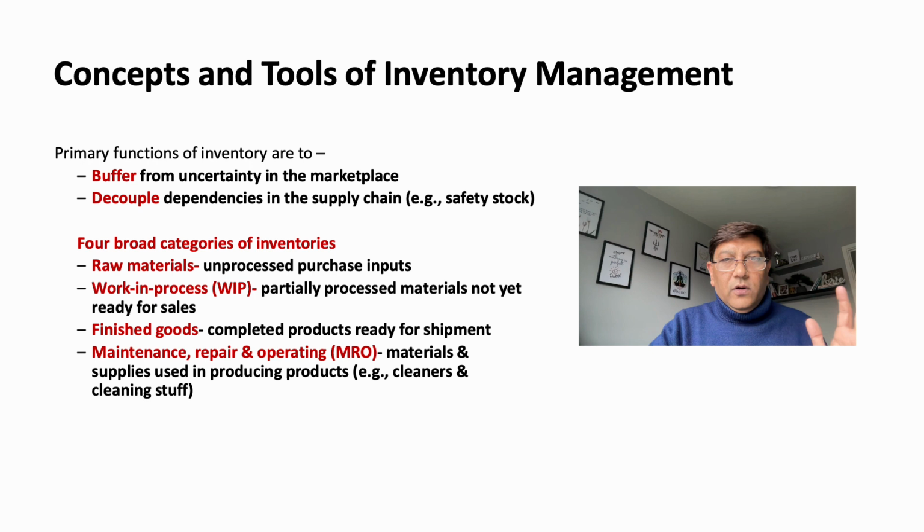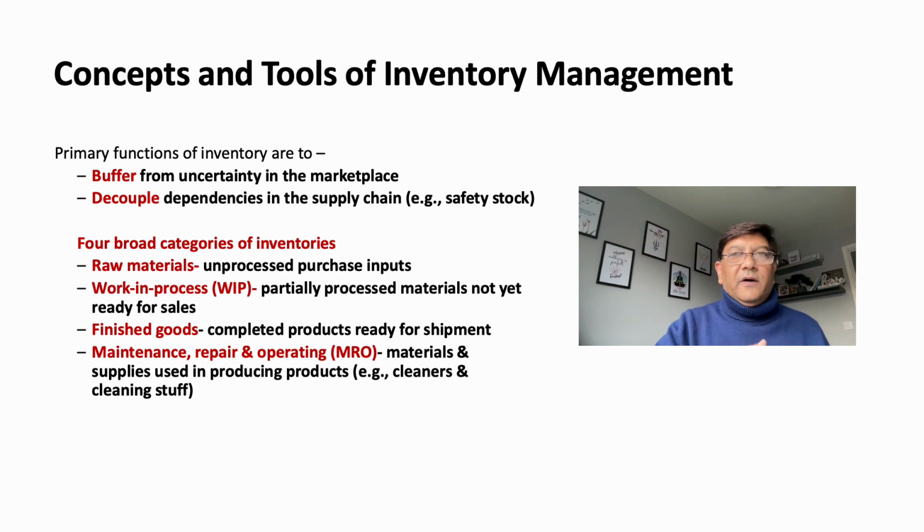Now, the four main categories of inventory so far. The first one is raw material. The second one is work in process, which is the manufacturing unit, maybe the assembly line, anything we are manufacturing in the assembly line. And then the finished goods, the finished products, and also the products we need for maintenance, repair, or operations.